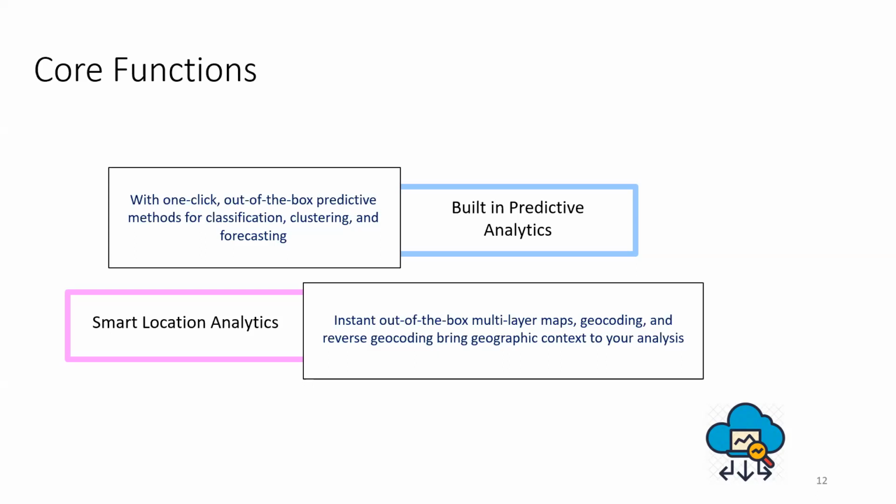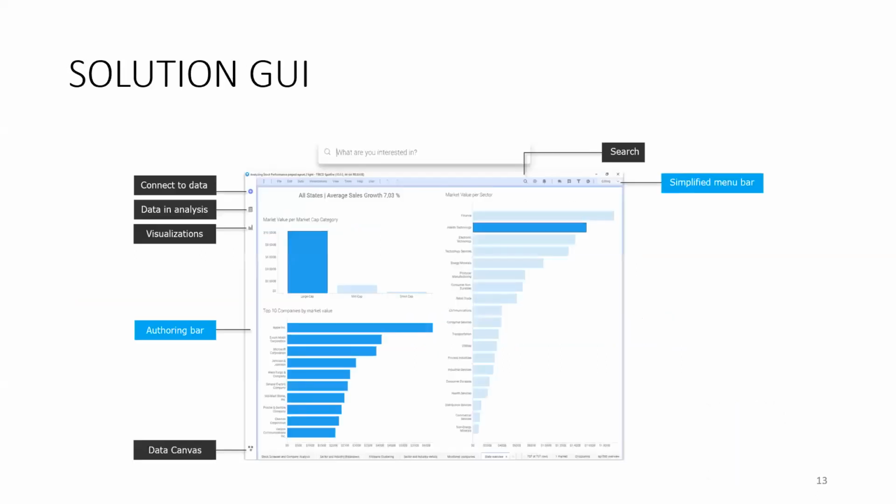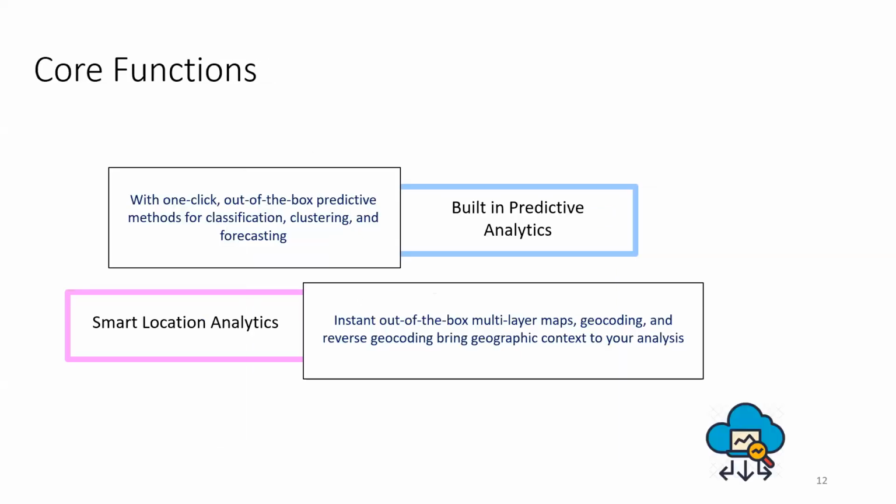And then lastly is Smart Location Analytics, which is the map chart. It allows you geocoding and multi-layer maps. You can also customize your map with different colors and different styles. So Spotfire allows you to see trends and patterns.